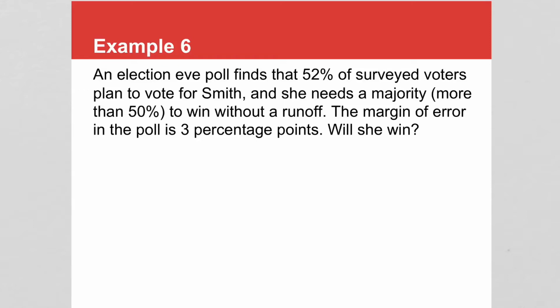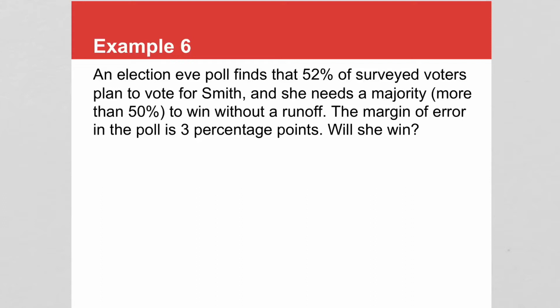But it says that they've figured out, and we'll look at how later, that you can figure out the margin of error, it is determined by the size of the sample, okay? So if your sample size is very small, your error is going to be very large. If your sample size is big, your error won't be as bad. So they figure the margin of error for this one is 3 percentage points.